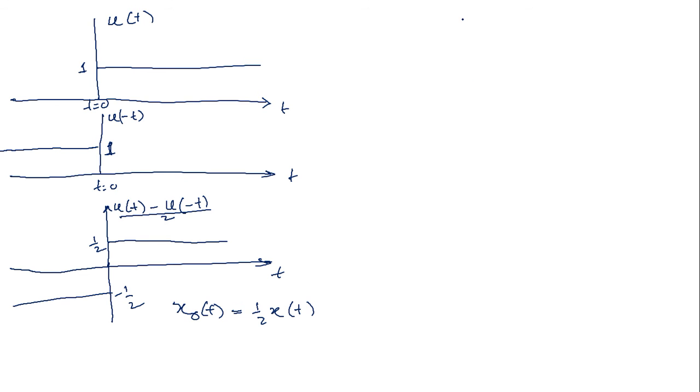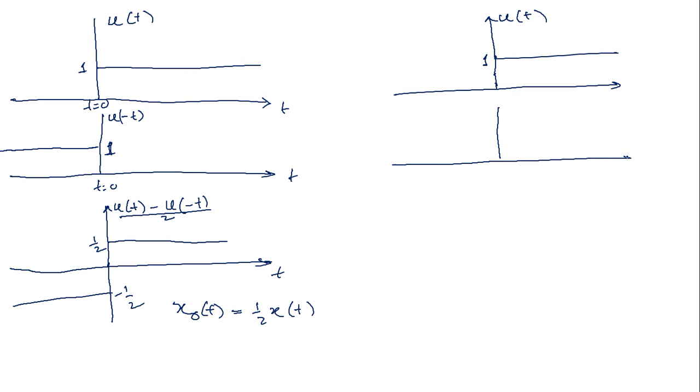Next I am going to estimate the even part. This was the odd part. Now for the even part, I need to add both u of t and u of minus t and divide by 2.